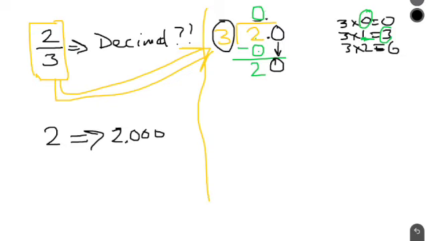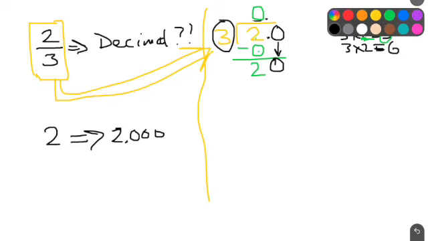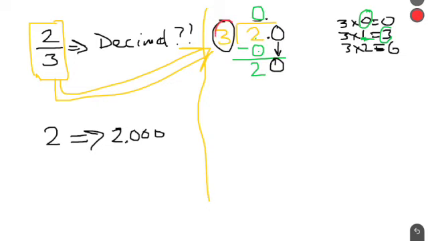And we ask the question again. 3 times what number gives us 20 or less? What number when multiplied by 3 gives us 20 or less?